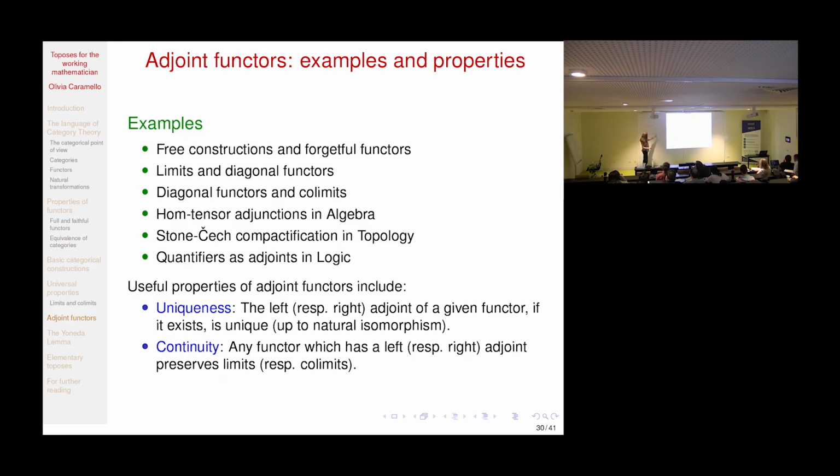So taking bilinear maps on this product is the same thing as taking linear maps from one of the two vector spaces, for instance V, to the hom vector space.